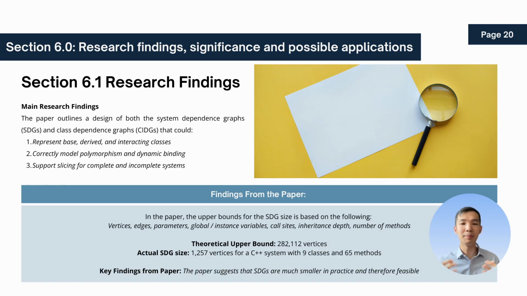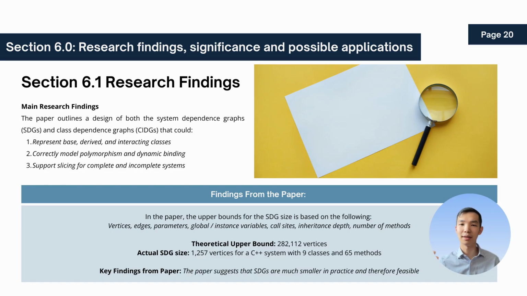However, when they actually built the graph for that particular C++ system with 9 classes and around 65 methods, the real SDG size was only 1,257 vertices. This sort of gap between the worst-case bound and the observed size is a strong indication that the technique is proven to be not just mathematically possible but also practically feasible.